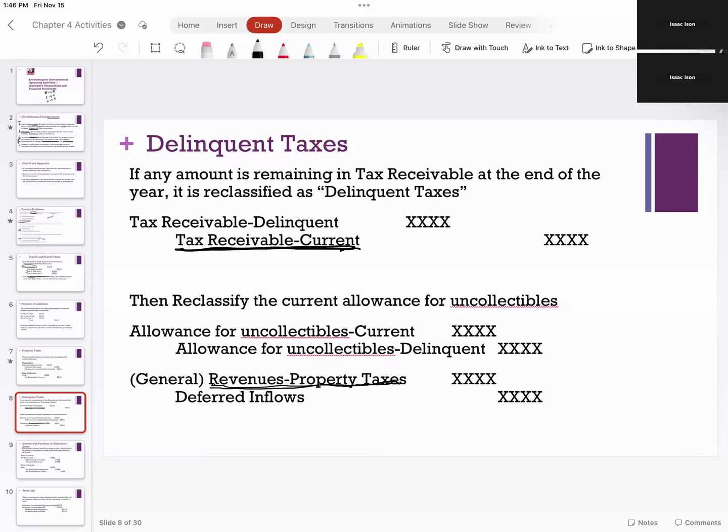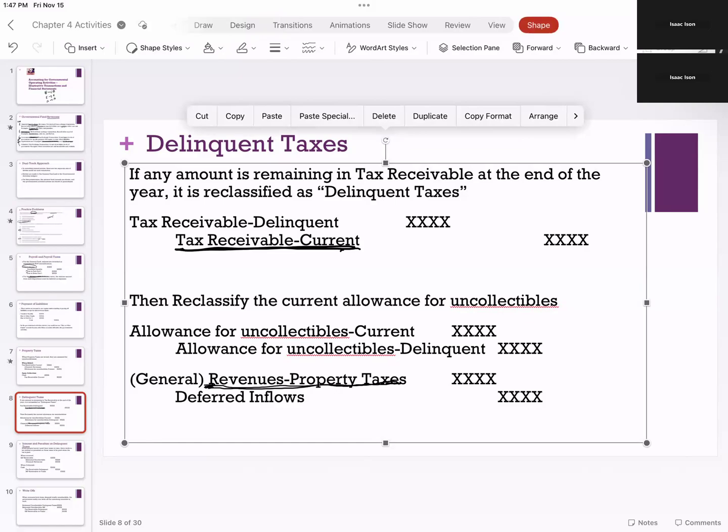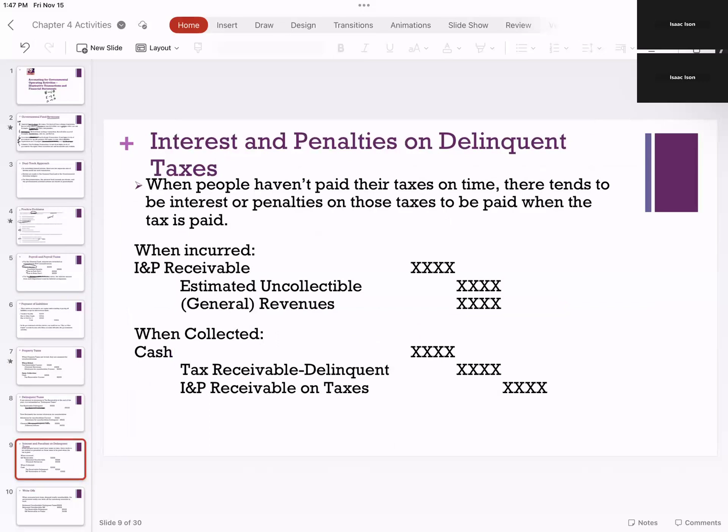But just think of this as deferred revenue for now, at least, until I can do a video on it. Okay. Or really the way I always think of it is, if it's a credit, it's deferred inflows. If it's a debit, I'm debiting deferred outflows. A deferred inflow is similar to a liability. Okay.